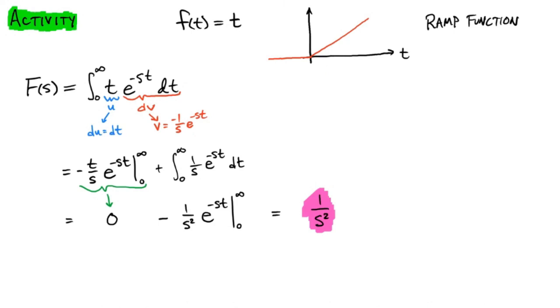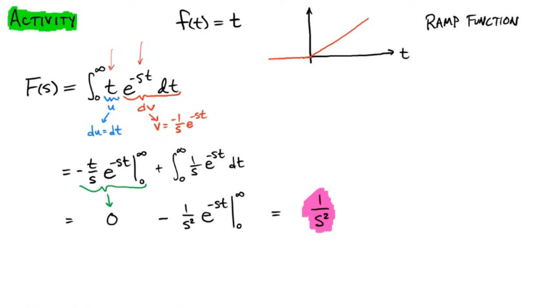So as I mentioned, you're going to need to set this up and solve it using integration by parts. And the reason for that is because the integrand, the function you want to take the Laplace transform of, in the definition of the Laplace transform, produces an integrand that you don't have a basic integral for. And so the easiest way to solve this is to use integration by parts.